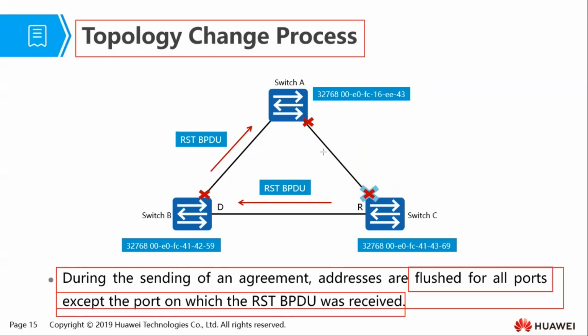If they don't receive any BPDU, they're first of all going to change the port role, because this was the root port, but now they're going to change the alternate port into a root port, and they'll begin sending an RSTP BPDU with the proposal bit set to 1.